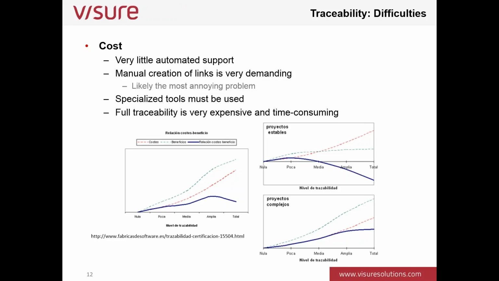But in the end, it's going to be you or the corresponding analyst who keeps the requirements traced. They must be traced manually. You have to say, this requirement is related with this one, this requirement is implementing this other one, and we are going to test this requirement with this set of tests.